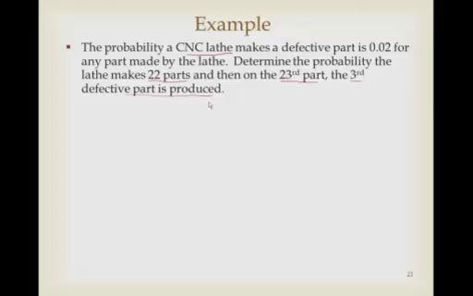So again, this is clearly a negative binomial sort of problem. We've got x is 23 different trials. We want k of them, which is 3, to be bad. The probability of producing a bad part, that's a success in some sense, is 0.02. And of course that means that Q is 1 minus 0.02, which is 0.98.